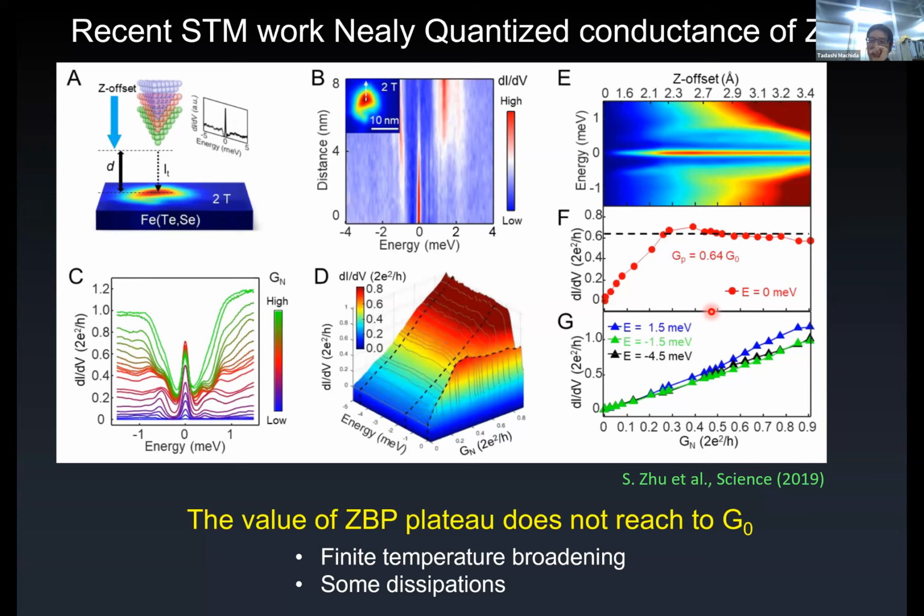I don't remember precisely, but this figure shows the plateau value. This figure shows the data after the deconvolution of the finite temperature problem. So that is why that value reaches the quantized value 2e squared by h.